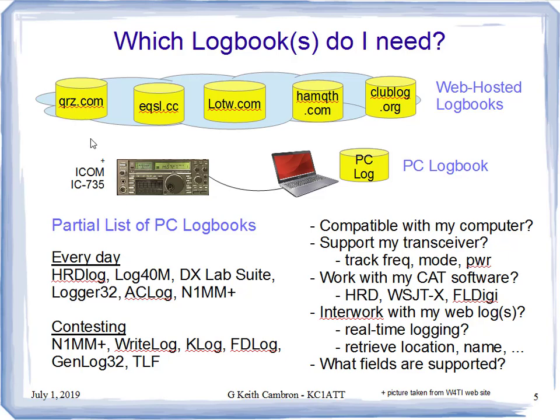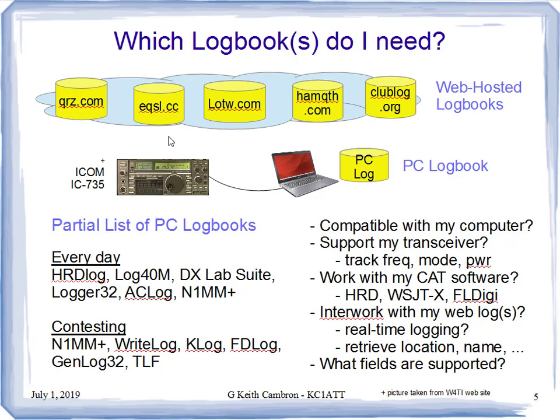The most popular of these is QRZ.com, and I've listed them in order of popularity. It has about 500,000 registered users, and it's used by operators all over the world to look up other operators, but it also has a logbook function. The most popular logging function for sharing QSL is probably eqsl.cc.